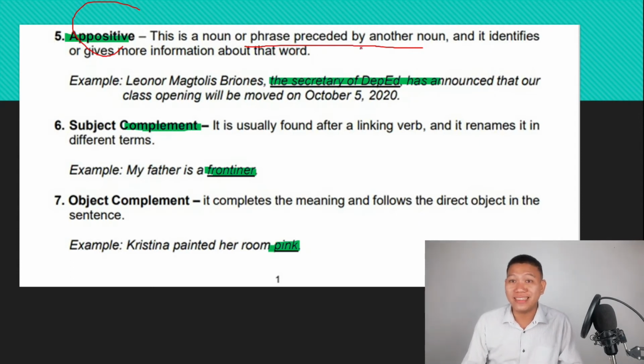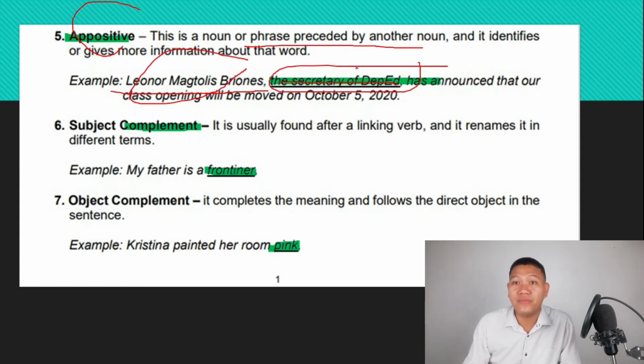about the first noun. Example, Leonor Magtoles Briones, the Secretary of DepEd, has announced that our class opening will be moved on October 5, 2010. So we have 2 nouns here, Leonor Magtoles Briones and Secretary of DepEd.